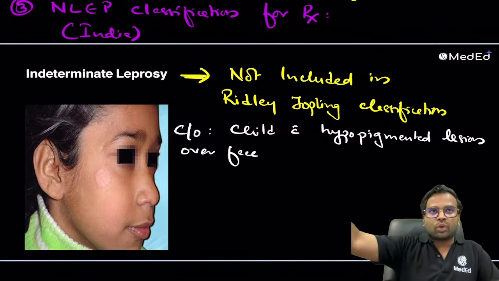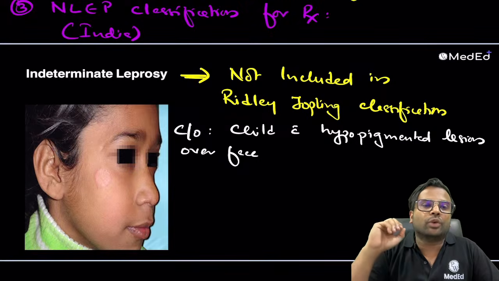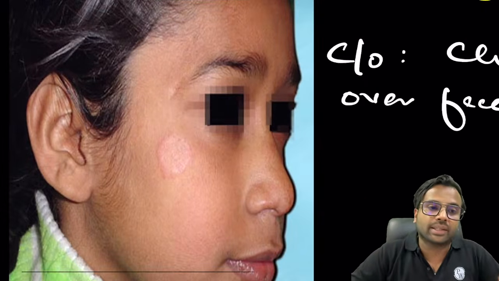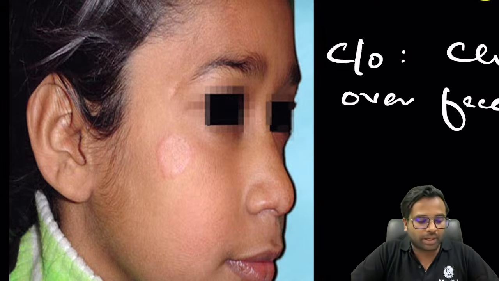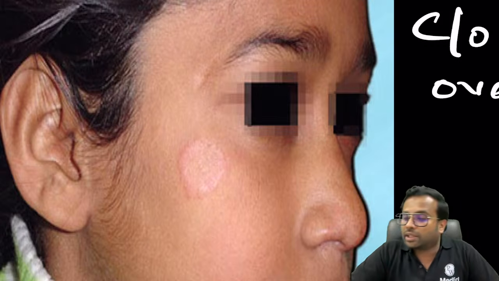Let's say a 7-year-old child comes to you with hypopigmentation over the face. Now you can see something like this. This child has a hypopigmented patch on the face, so what can be the differential diagnosis here? Anybody in the chat box?